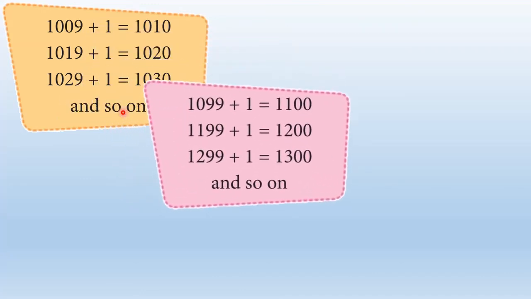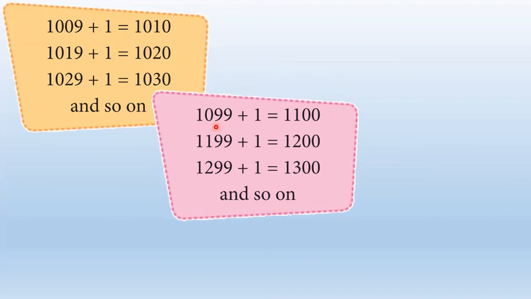Let us see some more examples. 1099 plus 1 gives us 1100. 1199 plus 1 gives 1200. 1299 plus 1 gives 1300, and so on. If you add 1 to 1399, you will get 1400.